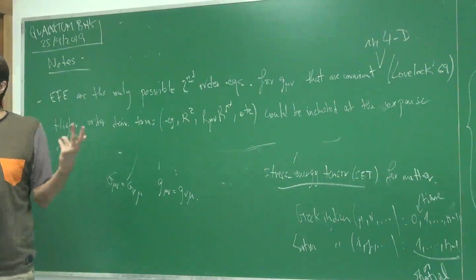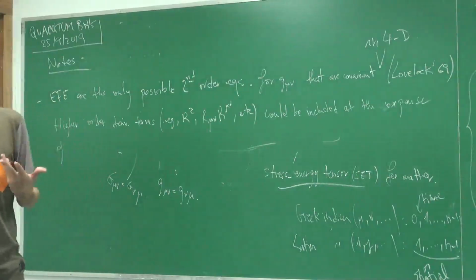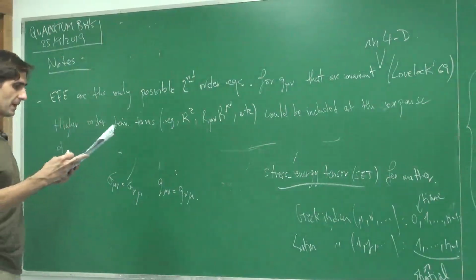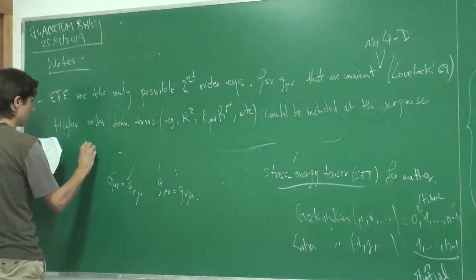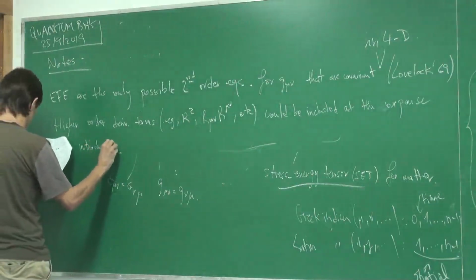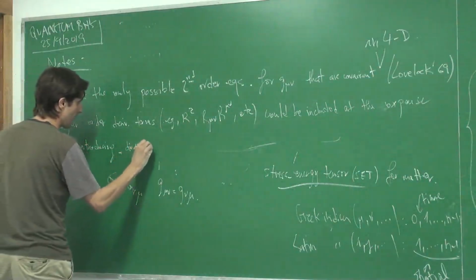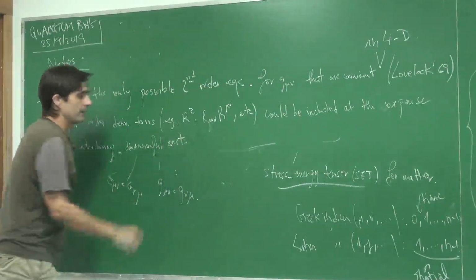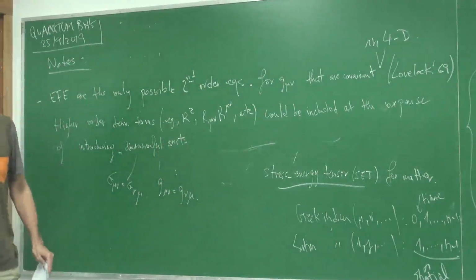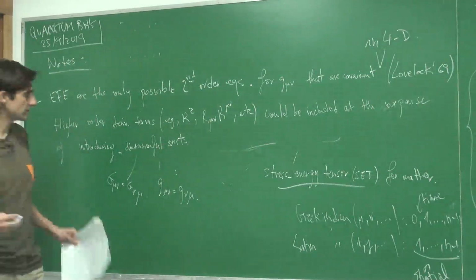You need coefficients for those terms, and so you will add other dimensionful constants. So at the expense of introducing dimensionful constants, QFT allows you to renormalize those constants. We'll see these later on.